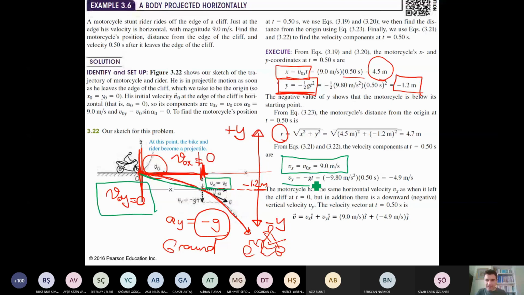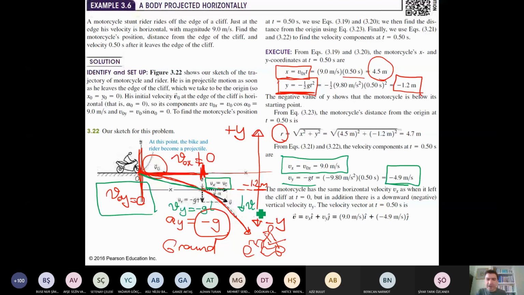Why is the result negative? Because the Vy here, which is given by negative gt, the particle is accelerating along the negative y direction. For this reason, it has a negative sign.